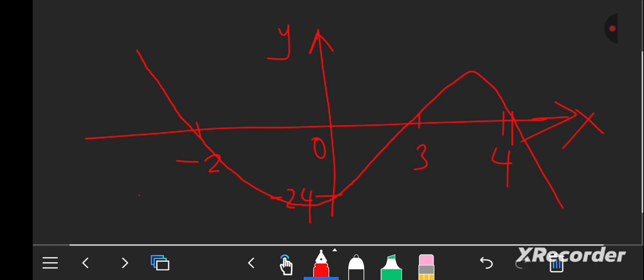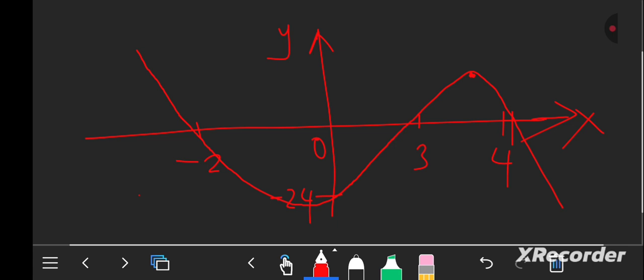Under calculus, when you find the derivative of a function at its turning point, it is equal to 0. Turning point is dy over dx is equal to 0.